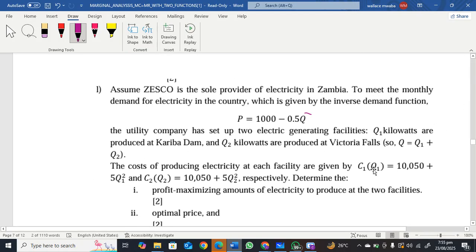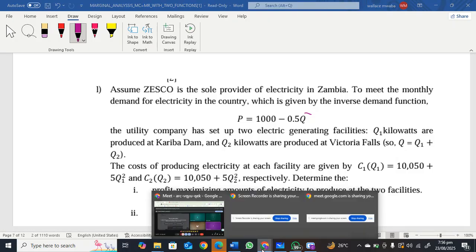Then, for your total cost function, where there's Q1 squared, substitute it with 83.3 to get the total cost for facility 1. For facility 2, where there's Q2, substitute it with 83.3 and square it to get the total cost for facility 2. Then you add up those costs for facility 1 and facility 2, and you deduct from the total revenue to get the profit.